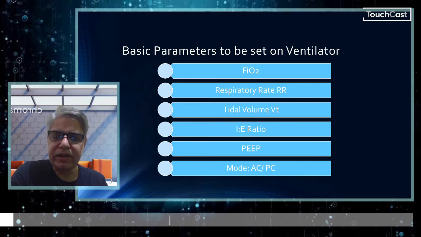So depending on the condition of the child, depending on the underlying condition, we can have an AC mode, which stands for assist control. We can have a PC mode, which stands for pressure control. We can have a PS, which stands for pressure support mode, and we can have some mixed mode like SIMV, which stands for synchronized intermittent mandatory ventilation, in which the child is spontaneously breathing, but at the same time you keep a mandatory number of breaths.